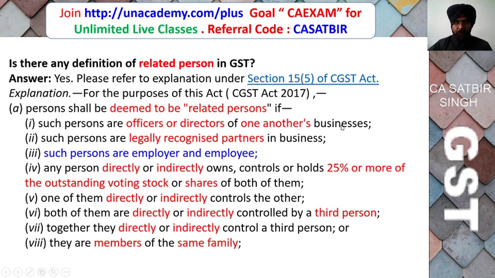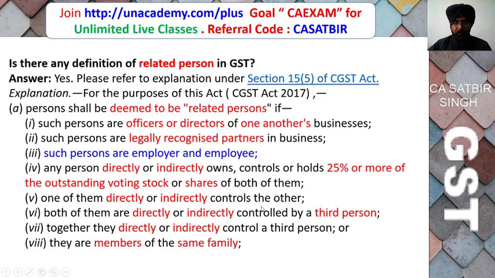Officers or directors of one another's business are deemed to be related. If they are legally recognized partners in the business, they are related persons. If they are employer and employee, they are related persons. If one directly or indirectly owns, controls or holds 25% or more of the voting stock or shares of both of them. So 25% or more should be the holding, then they can be termed related persons.